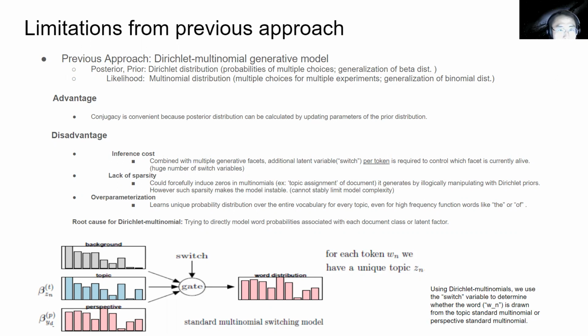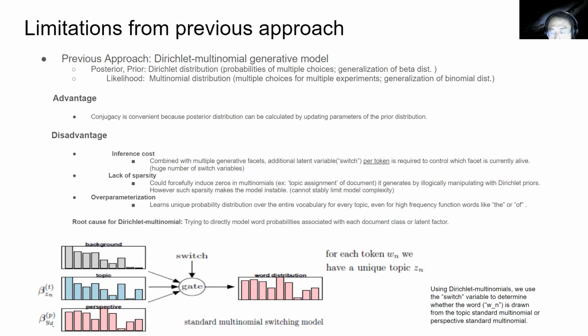So what would be the limitations of this approach? The first problem that this publication addresses is when we combine multiple generative variables, or facets, especially when those variables are latent, which means unobserved.